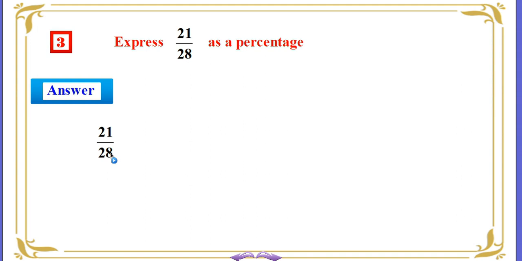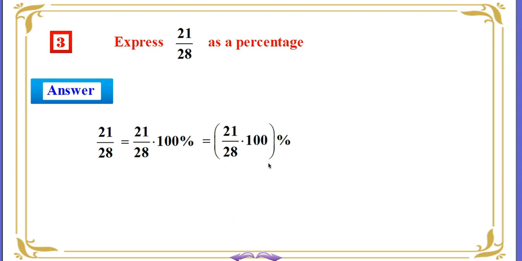But the number 1 we write as 100%. This is number 1. And now we only do this calculation here. After we have the result, we put the percentage sign at the back, and then we have the result 75%.